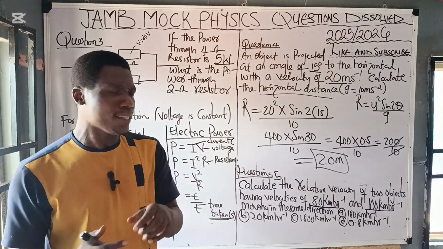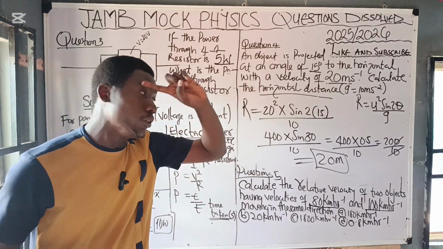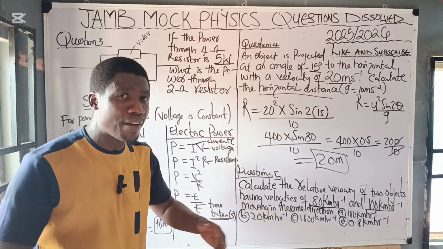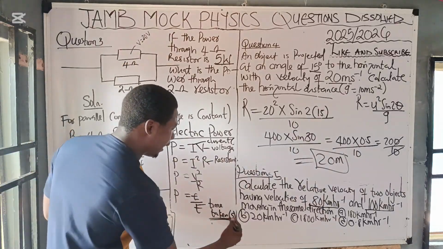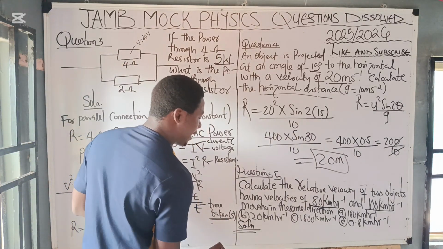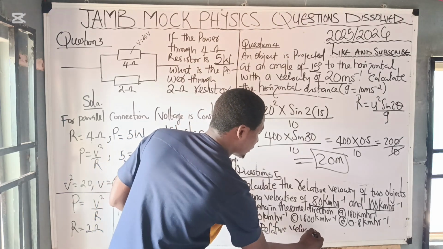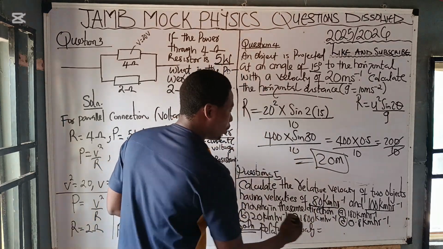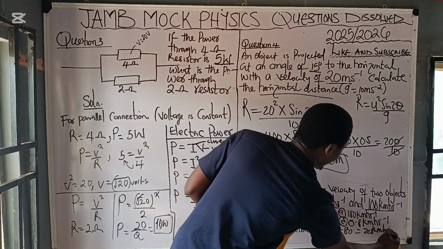So understand that in this case, they are moving in the same direction. If it were resultant velocity, you would have added them together if they move in the same direction. But here, they are moving in the same direction and they are referring to relative velocity. Relative velocity is equals to 100 minus 80. That will give us 20 km per hour.